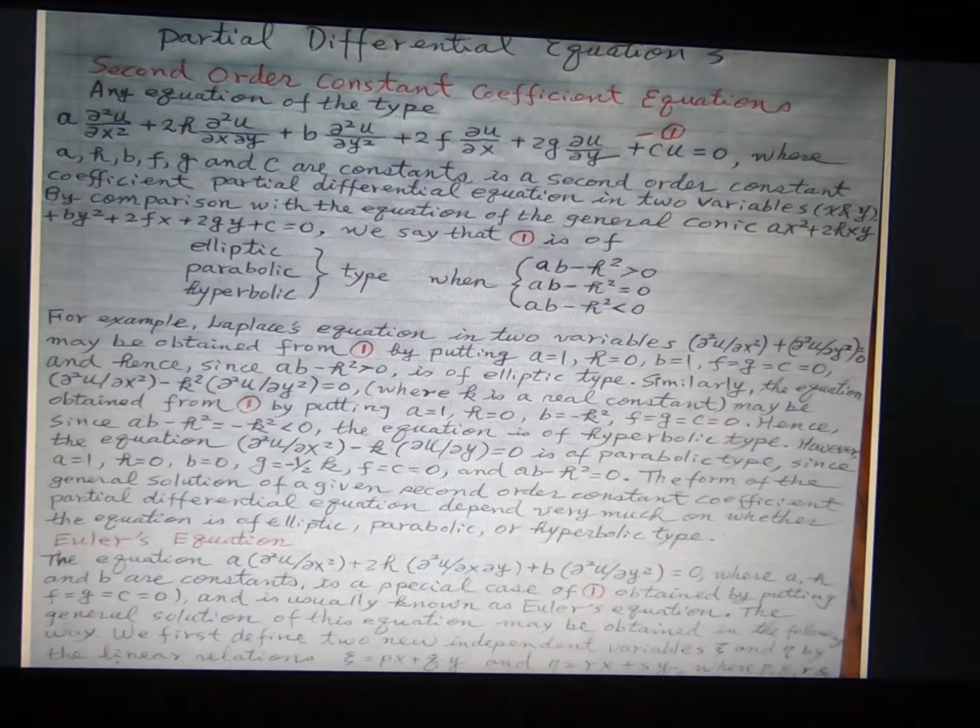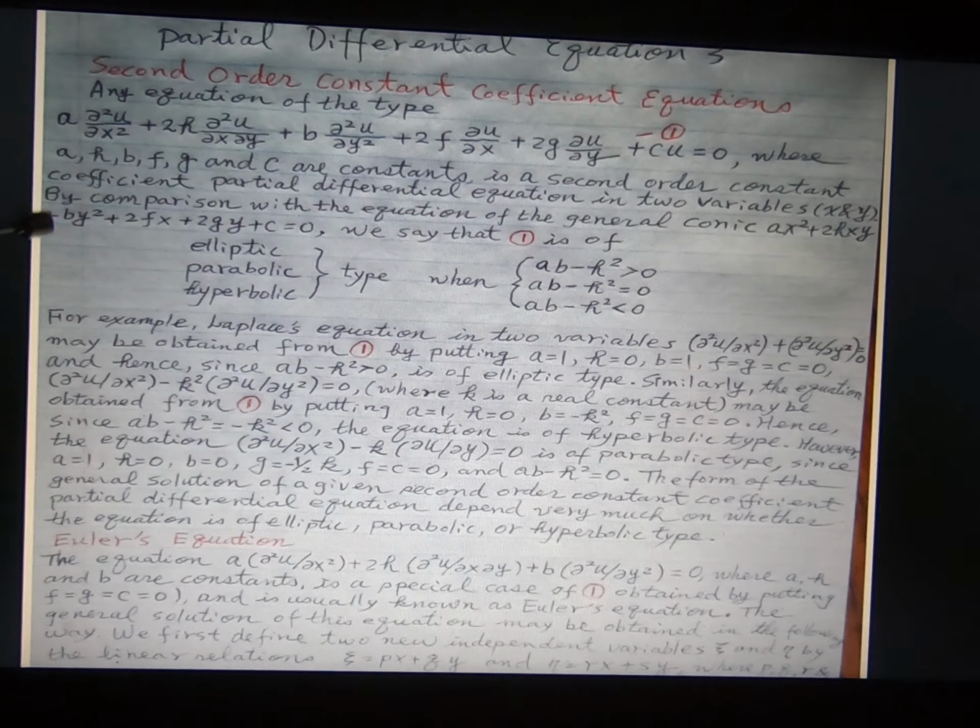So we will look at certain partial differential equations that can be solved. We will look at second order constant coefficient equations like this, and then we will look at the separation of variable.